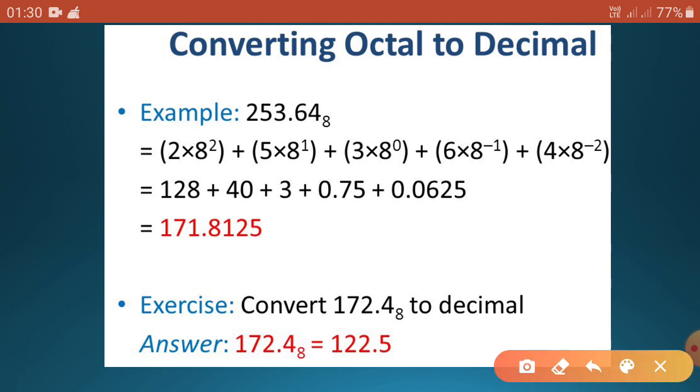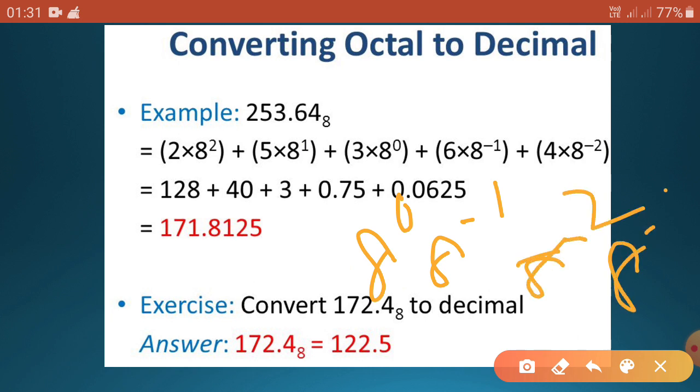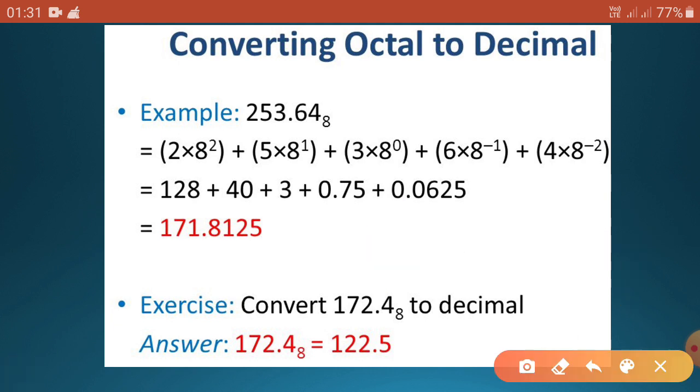The weights or the position values are in the middle, that is 8 to the power 0, it is starting from there. Then on the right side it will be 8 to the power minus 1, 8 to the power minus 2, 8 to the power minus 3, and so on. So here the question is 253.64.